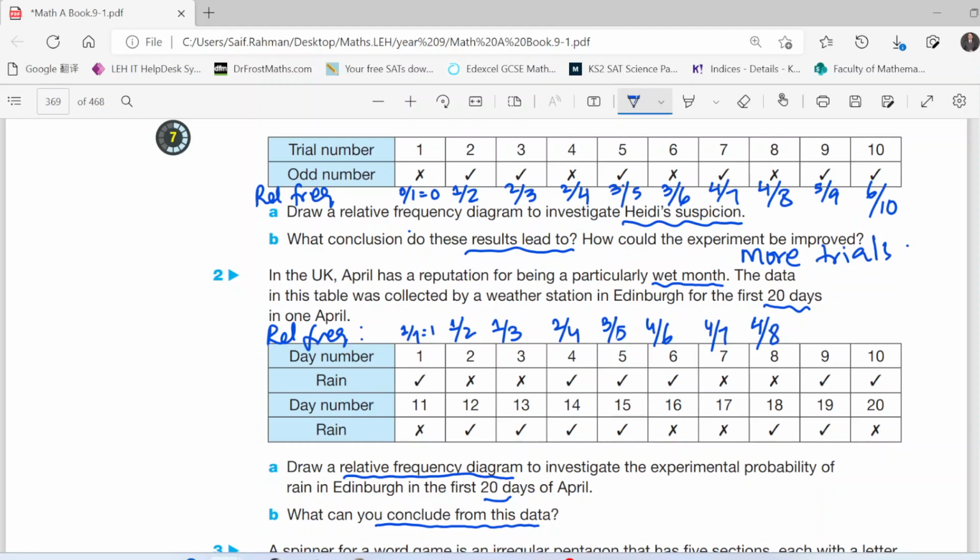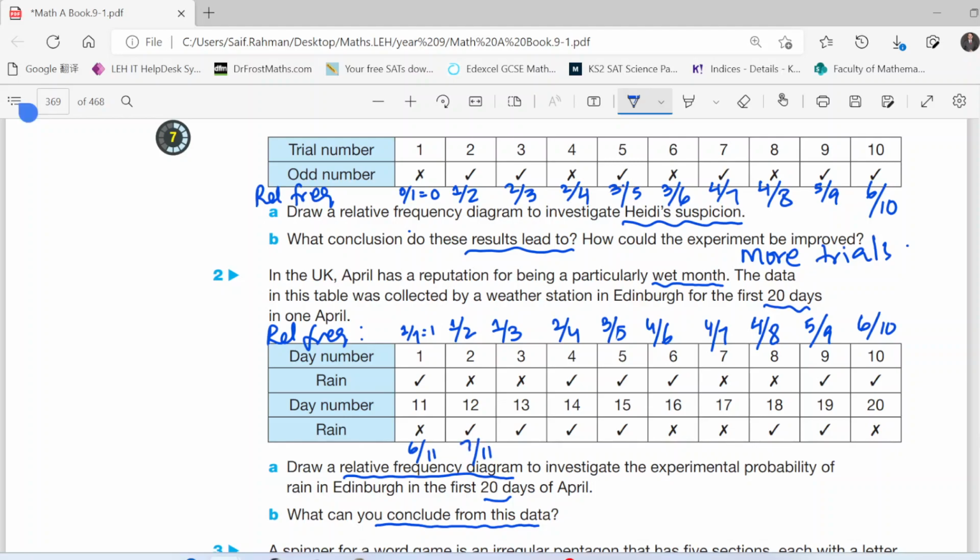For the ninth one, it increased to 5 out of 9, and for the tenth it increases to 6 out of 10. And I write the probability for 11 to 20 down here. For the 11th experiment the success is still 6 out of 11, and for 12 it is 7 over 12.